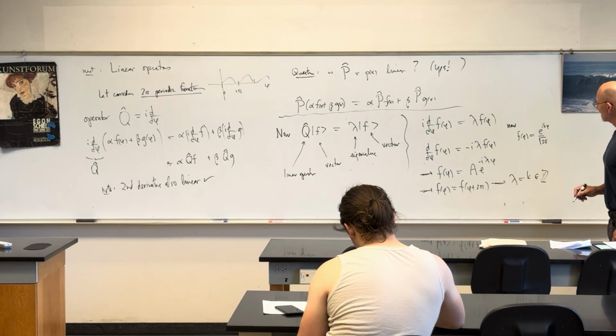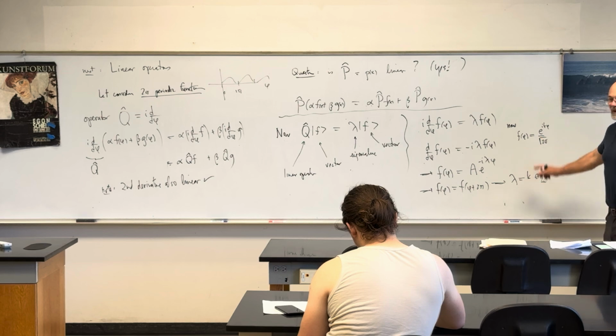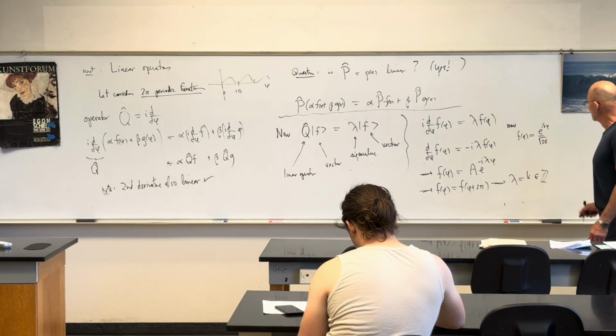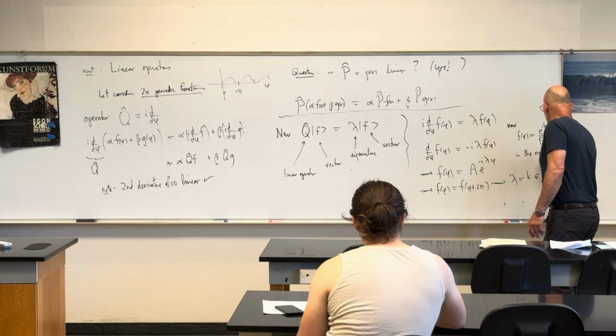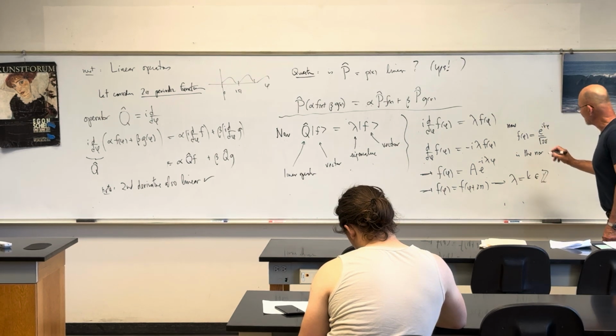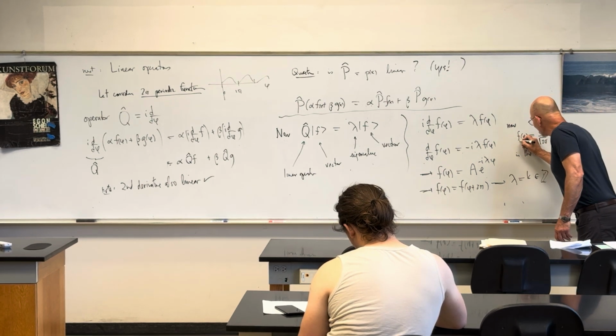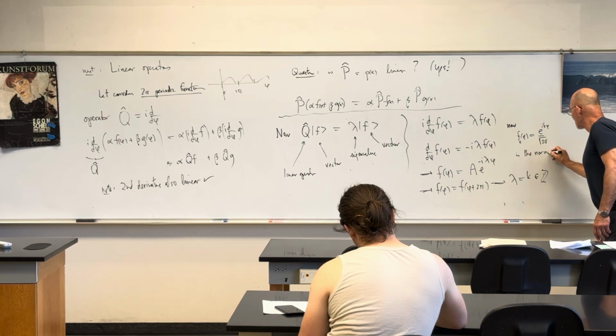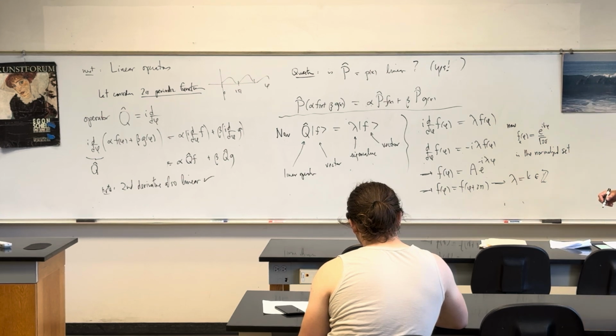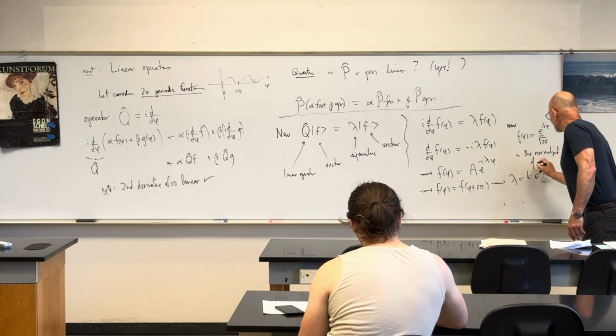We can choose it, because that's the normalized one. It's the normalized eigenvector. At this point, I would have put a little k subscript here. And in fact, I'll call it the normalized set of eigenfunctions, of eigenvectors.